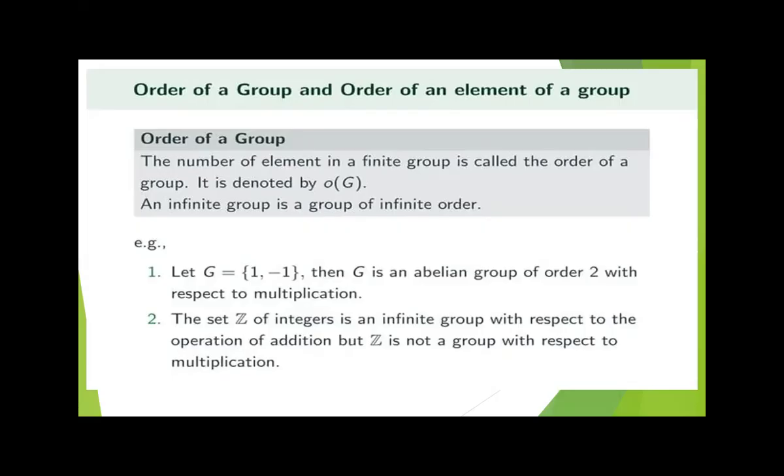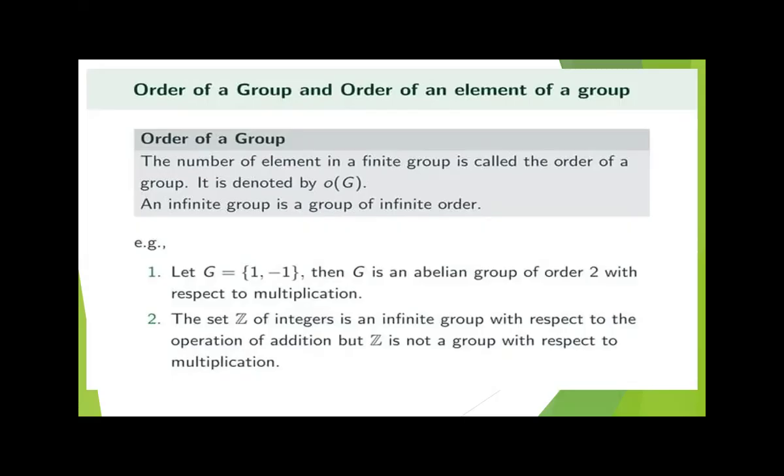If the number of elements in a group is denumerably infinite, such as the integers, positive, negative, or zero, the group is discrete. If the number of elements is non-denumerably infinite, such as the real numbers, the group is continuous.